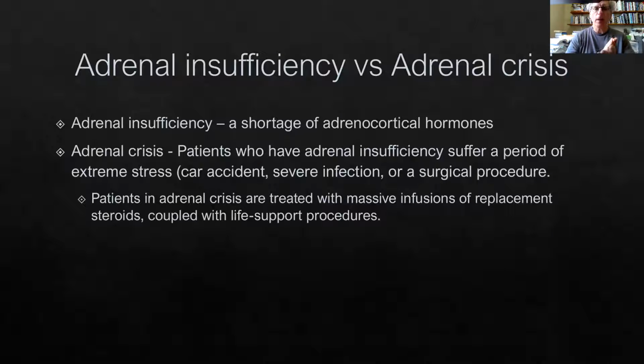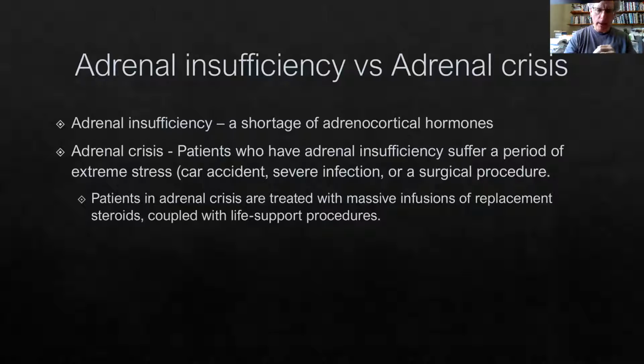So some terminology first. Adrenal insufficiency refers to a shortage of adrenocortical hormones. That shortage produces symptoms. Those symptoms typically we associate with Addison's disease.